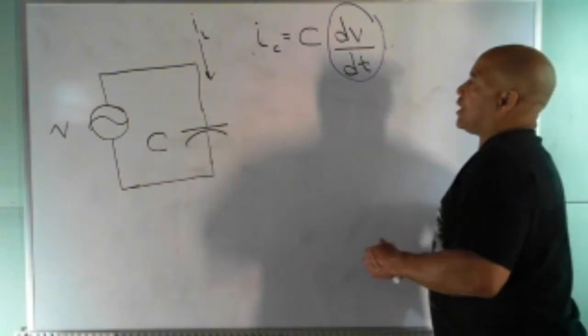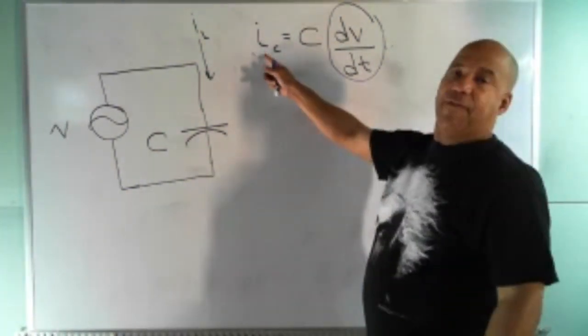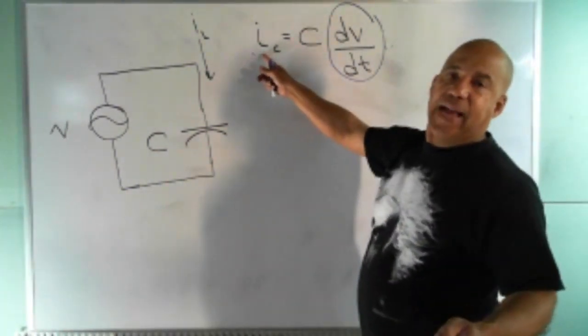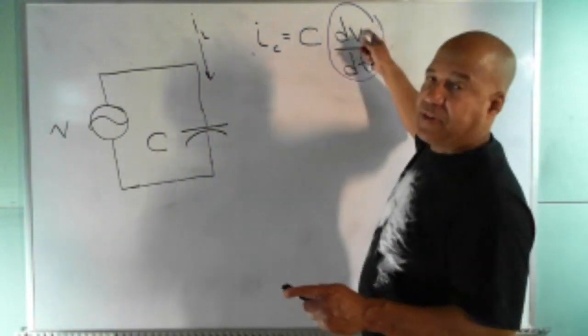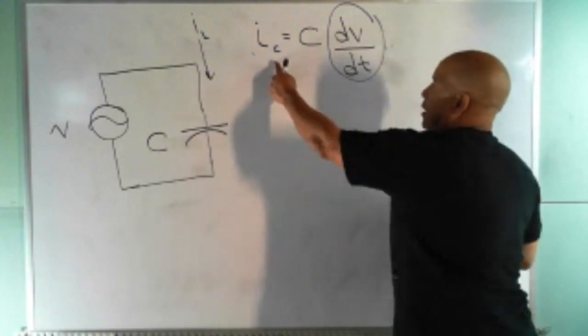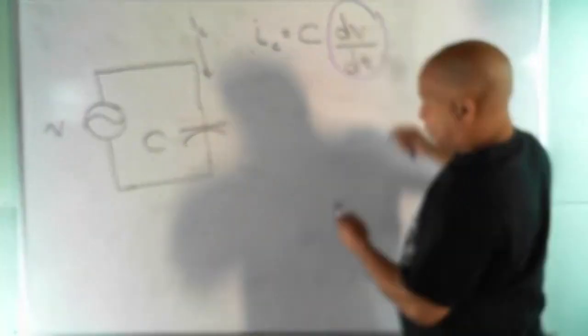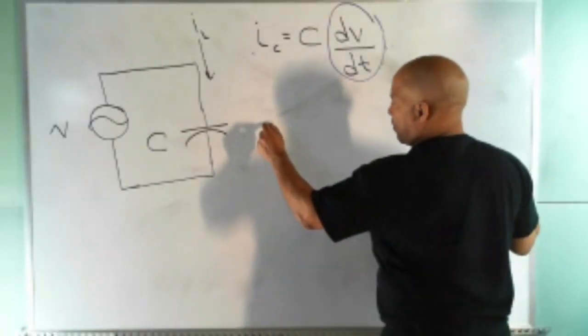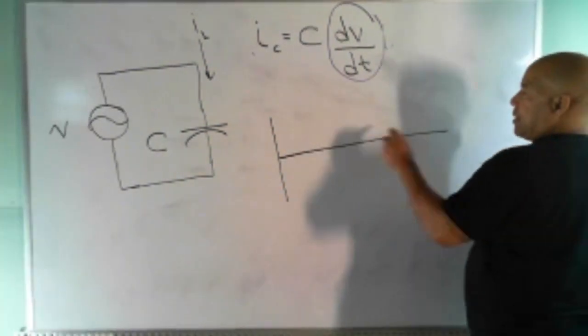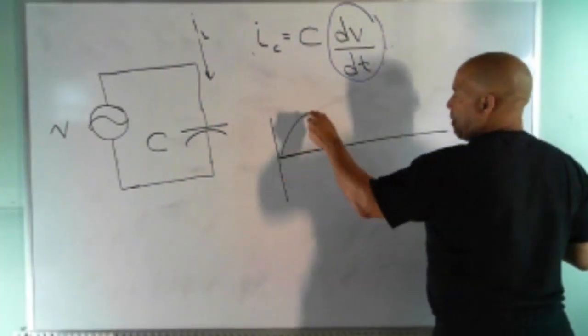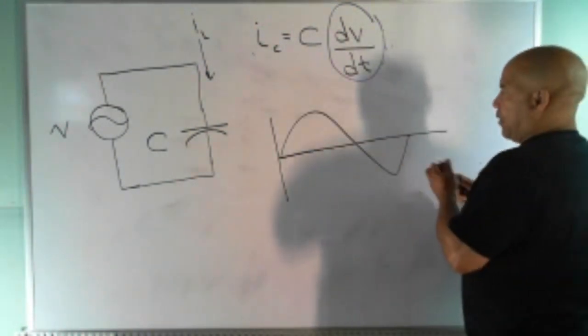So what I want to do is draw the current waveform for this. What does it look like, knowing that it's related to C times dV dt? And so to get the current, I got to look at the voltage. So I'm going to make my first graph. This right here represents the voltage.